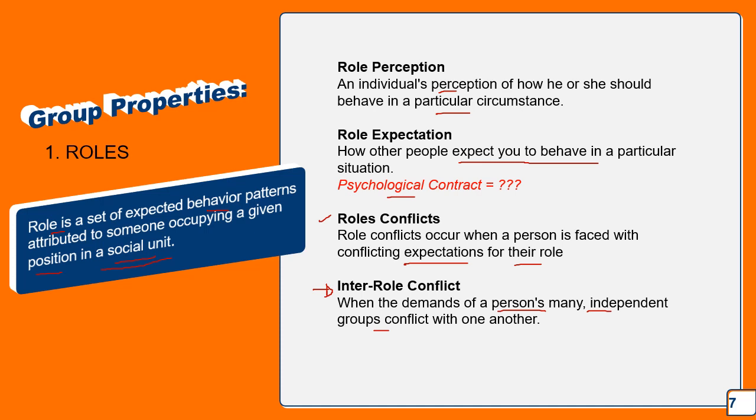Your parents call you to go home because you have a kenduri to attend today. And your Taekwondo Club is having an AGM, annual general meeting, to select new members. So everything is to be done in one day at one time. You will have a role conflict, which we call an inter-role conflict. These are the 4 things you need to understand for the first group property, that is roles.